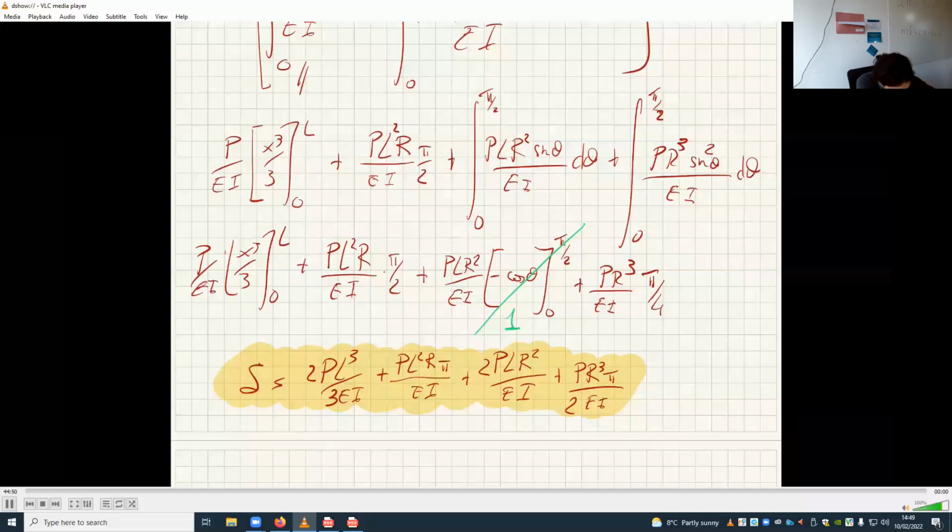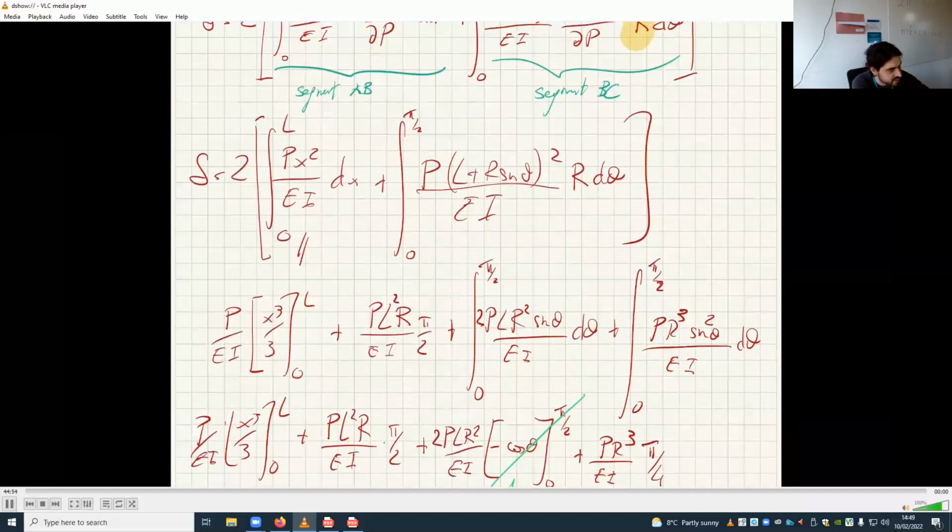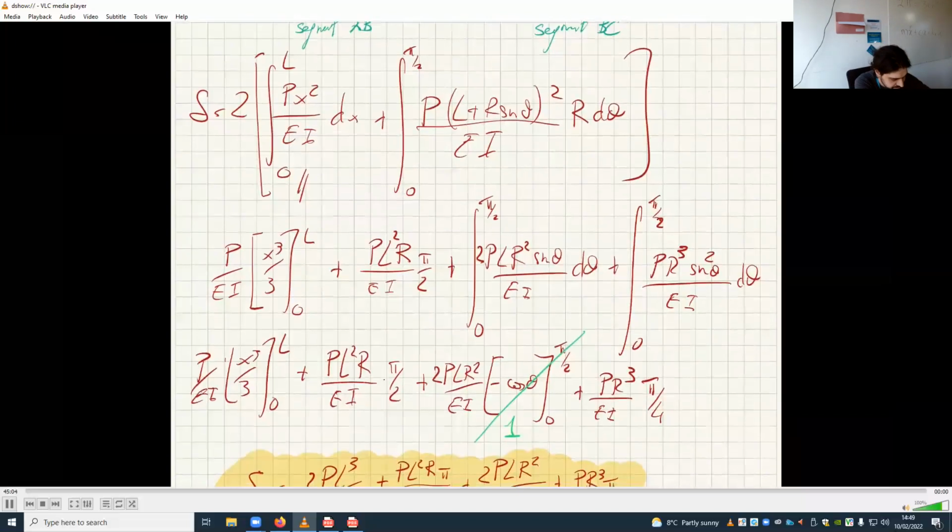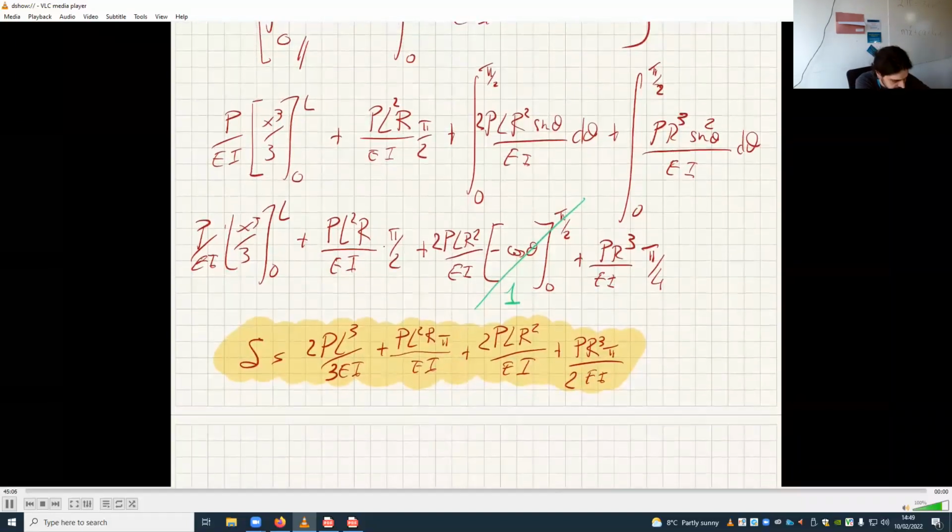This should be a 2 here and a 2 here, because this is the double product. It's L squared plus R squared sine theta squared plus 2 LR sine theta. 2 LR sine theta is this. Thank you. So this thing is not this, but it should be 4.